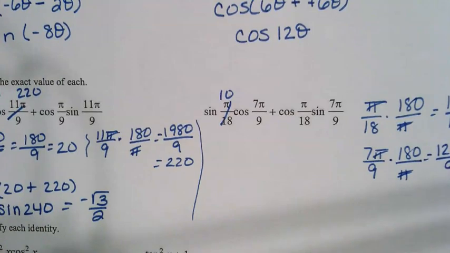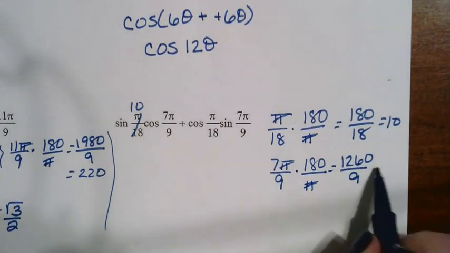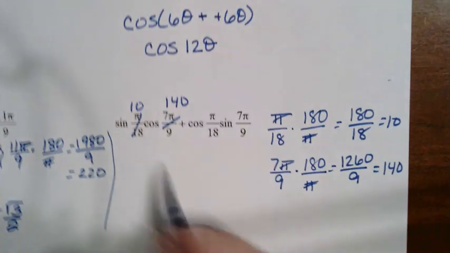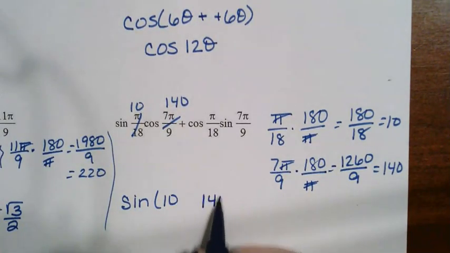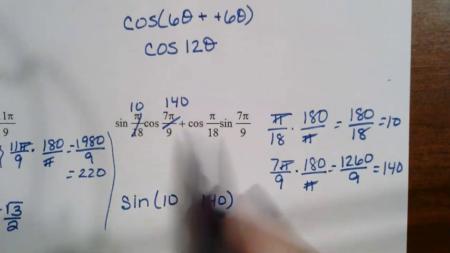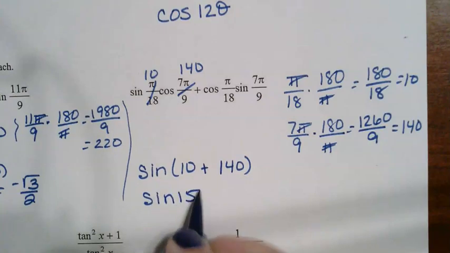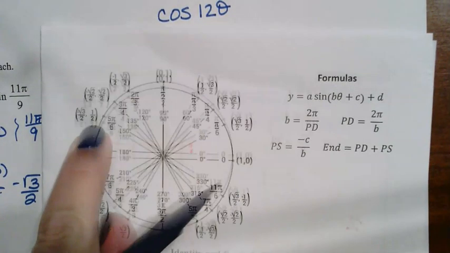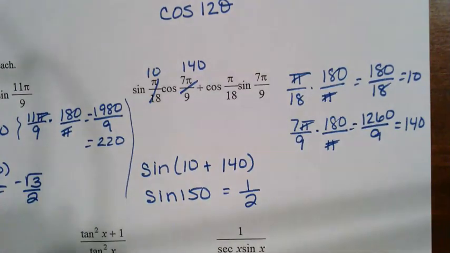Divide by 9. I am so sorry, I went way off. It's 140. So this will be sine of 10, 140. Because there's a plus sign and it's a sine, we add. So the question is, what is sine of 150? And sine of 150 is 1/2. Okay. I hope this helps, and I will see you in the next video.